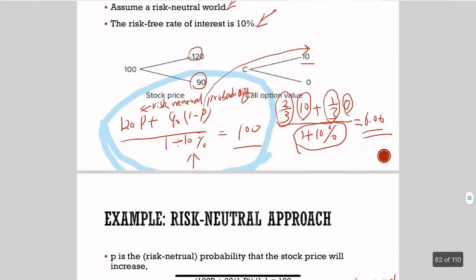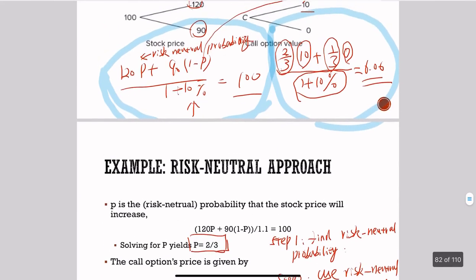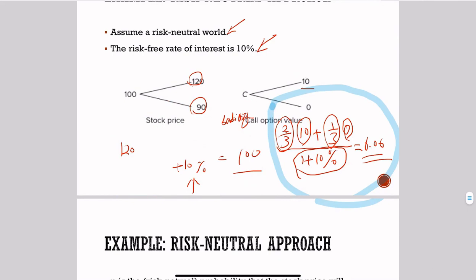That is, if you look at this result, what you can see here is 10% is not the correct rate you should use to discount a call option's payoff in a real world.